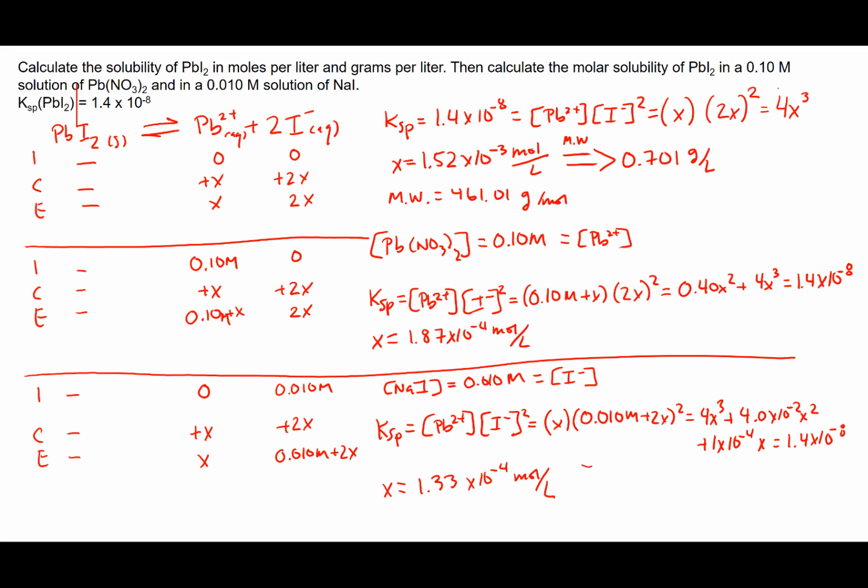But in the case of the sodium iodide, the solubility is still lower. So even though it's just an order of magnitude less that's initially present for the iodide, it still results in less of the lead iodide being able to dissolve, and so that's a pretty cool result.